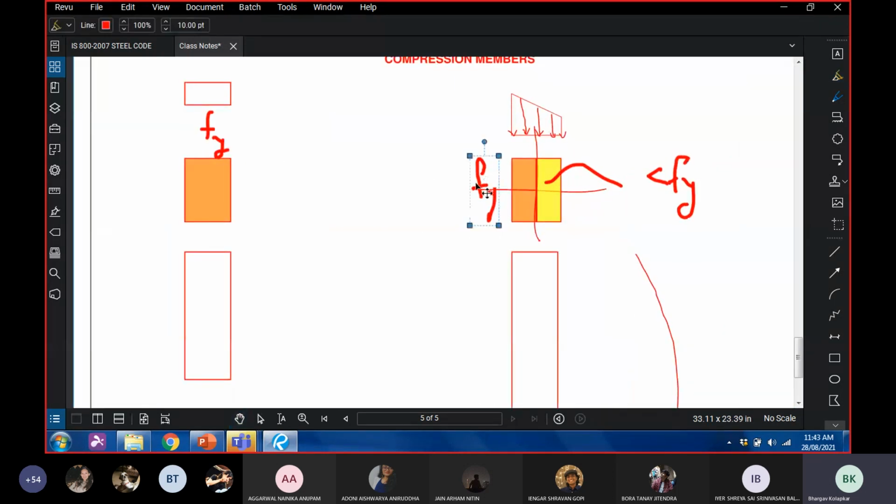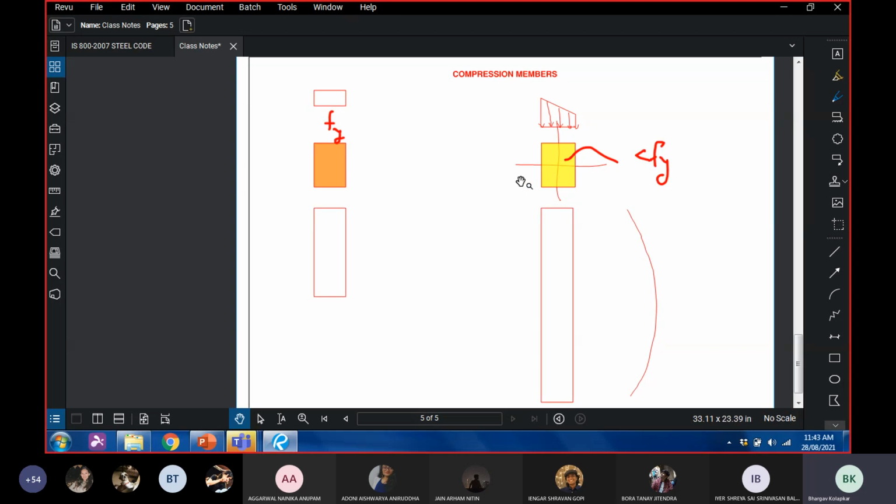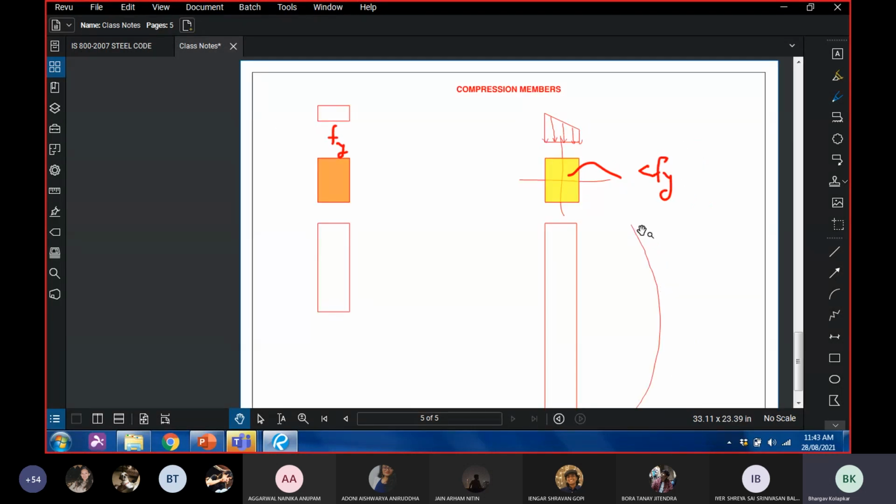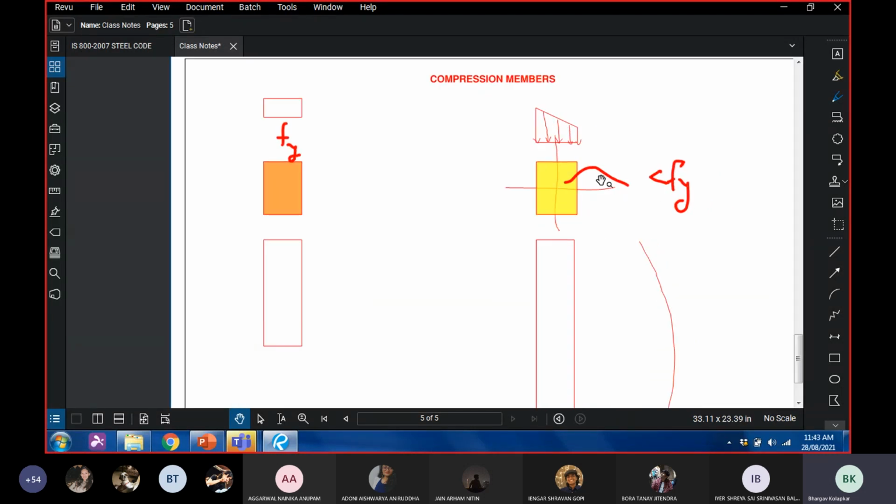Maybe let me take one step back. Let us say that at failure, this entire stress is less than Fy, so no portion of the section has reached yield stress. Such a failure is called elastic buckling, wherein the buckling is occurring when the entire section is elastic.